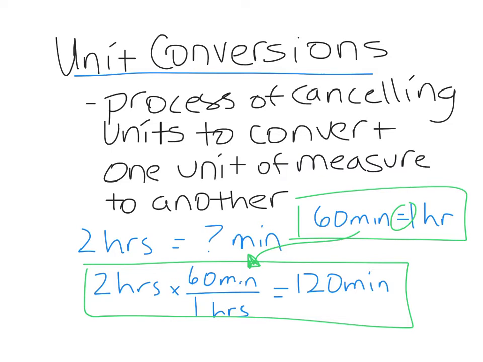In fact, the definition of unit conversions says it is the process of canceling units to convert one unit of measure to another. So we start with what we're given, 2 hours, and we want to make sure that these hour units cancel. So the hours are going to go on the bottom, and the minutes are going to go on top. Our new unit is going to go on top. When we do the math, we multiply on top, and then we divide by the bottom number, like a big fraction, and then we can get our answer.